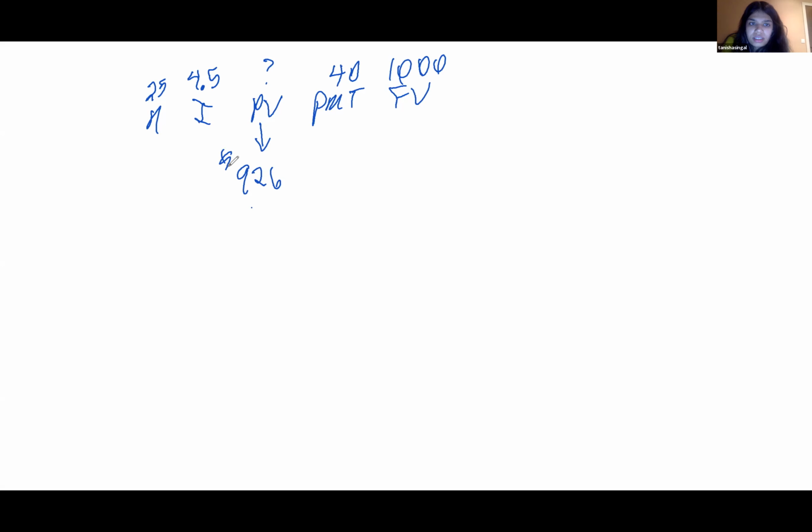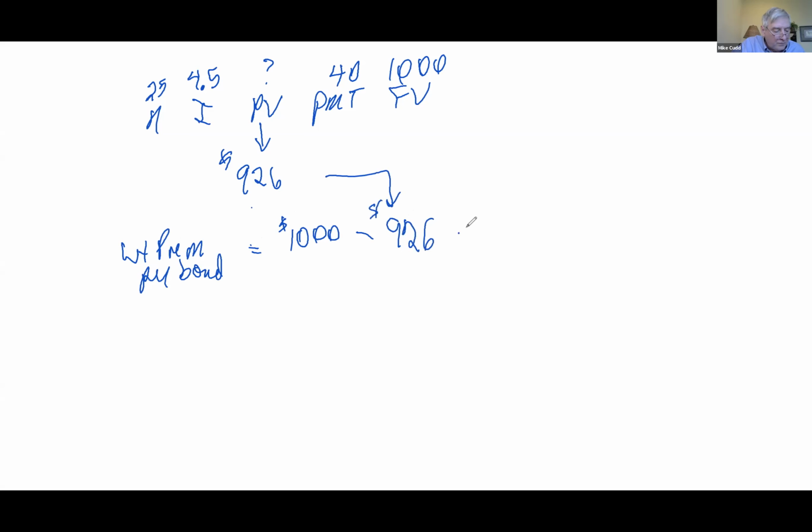So the question is, what is the value of the warrants? The warrant premium per bond is the difference between what they could sell them for with warrants and what they would sell without the warrants, which is $926. And that works out to about $74.34.